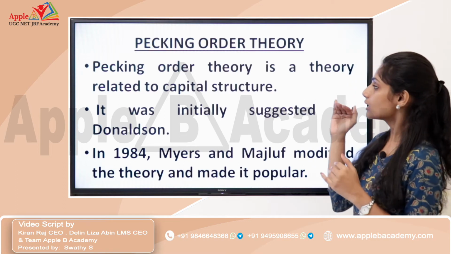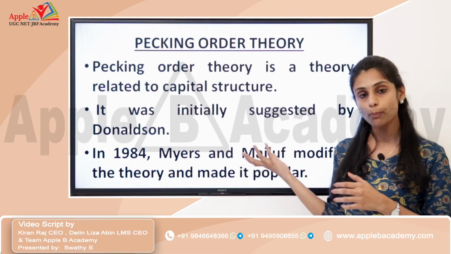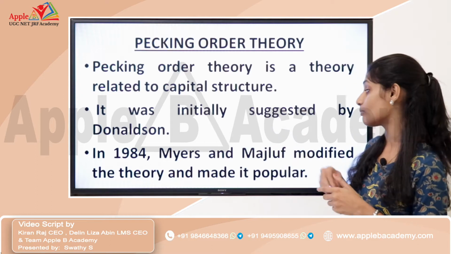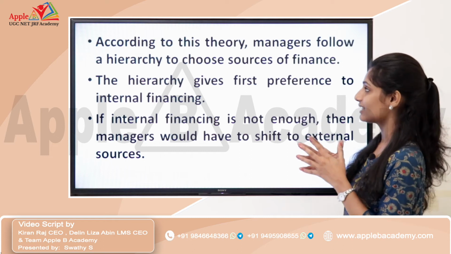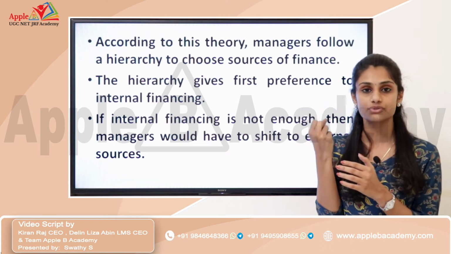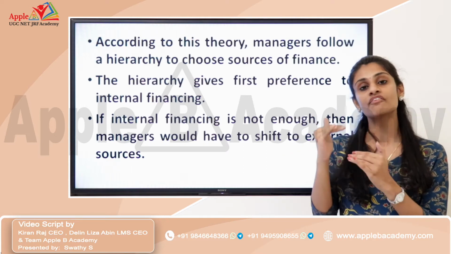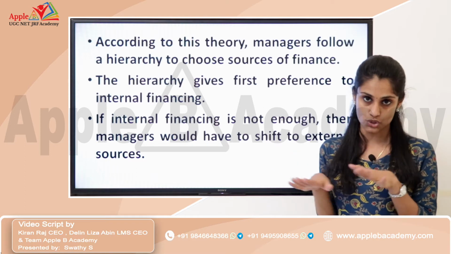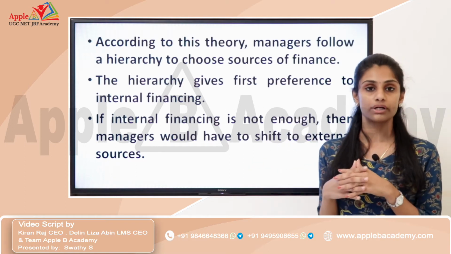This was initially suggested by Donaldson and popularized in 1984 by Myers and Majluf. The theory deals with the hierarchy, or order, of raising finance from different sources.